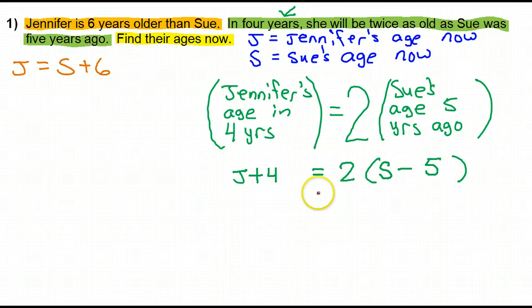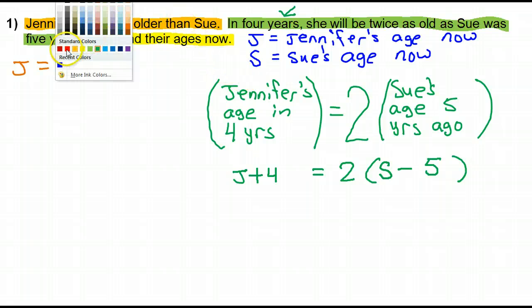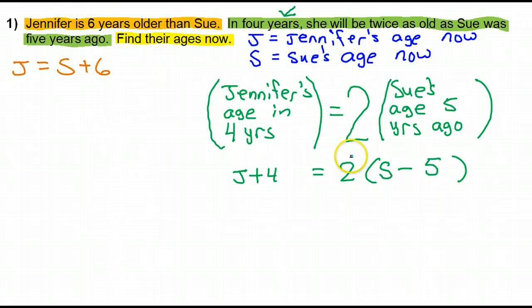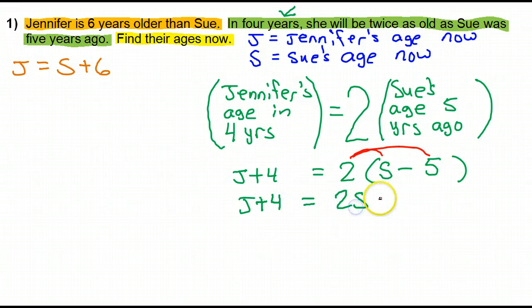Now the hard part's over. The rest is just mechanically solving the equation as I know you know how to do. So, we might as well go ahead and do a little distributive property right now. Get rid of these extra parentheses. So this is going to become J plus 4 is equal to 2S minus 10.